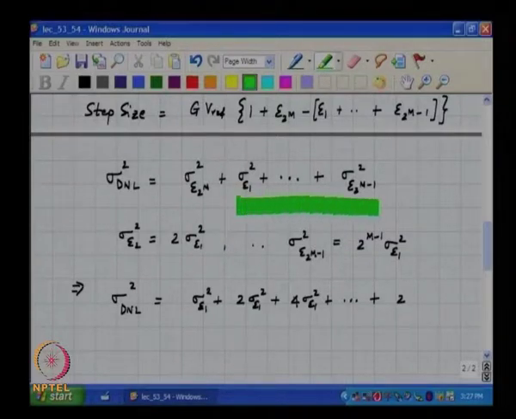This goes all the way from E1 to E2 to the m minus 1, and you have this term which is 2 to the m.